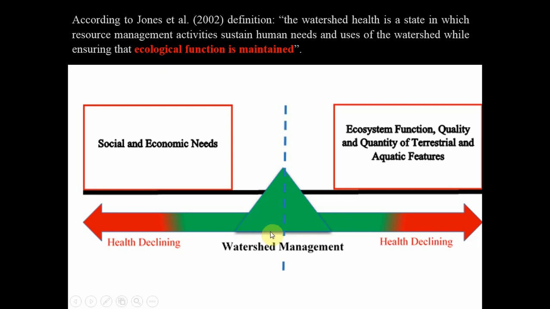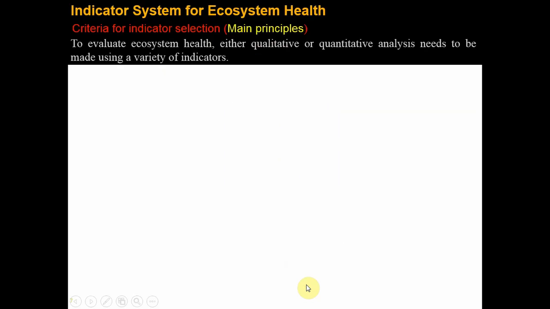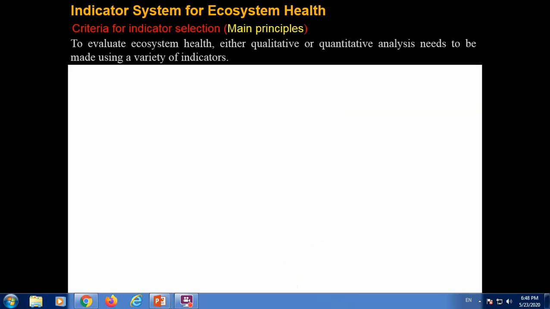So we have a very balanced situation between our human needs and watershed and ecosystem needs. To get access to a proper level of ecosystem health, we have to have some indicators properly selected, and they are supposed to be the main principle for proper indicators of watershed health assessment.